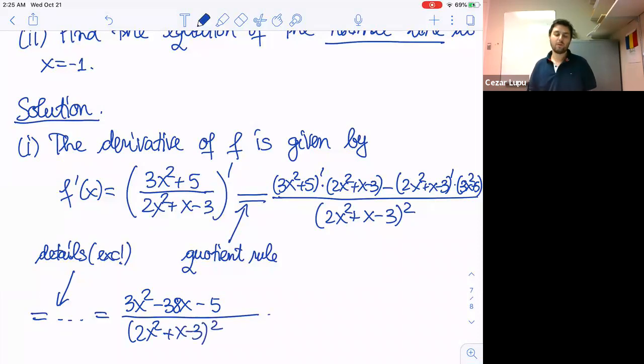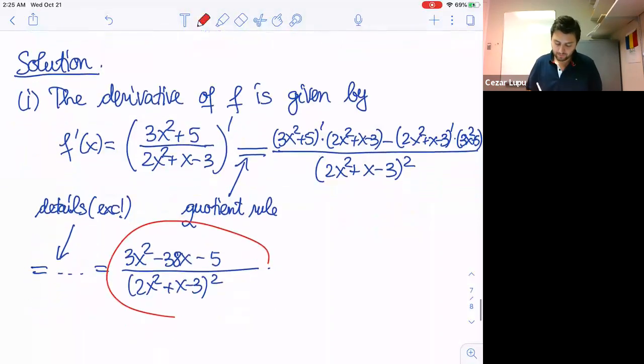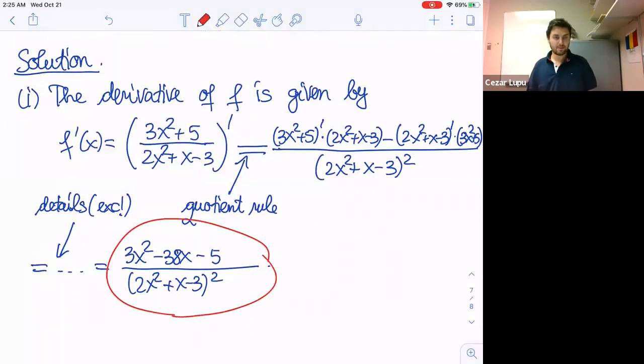So this is the derivative. The details are missing, but I think you can compute that. I'm sure you know how to compute the derivative of 3x squared plus 5, which is 6x, or the derivative of 2x squared plus x minus 3, which is just 4x plus 1. Okay.